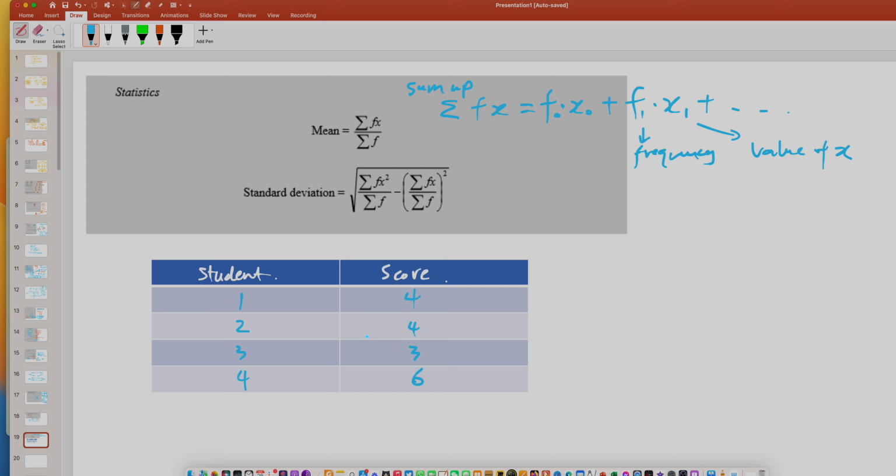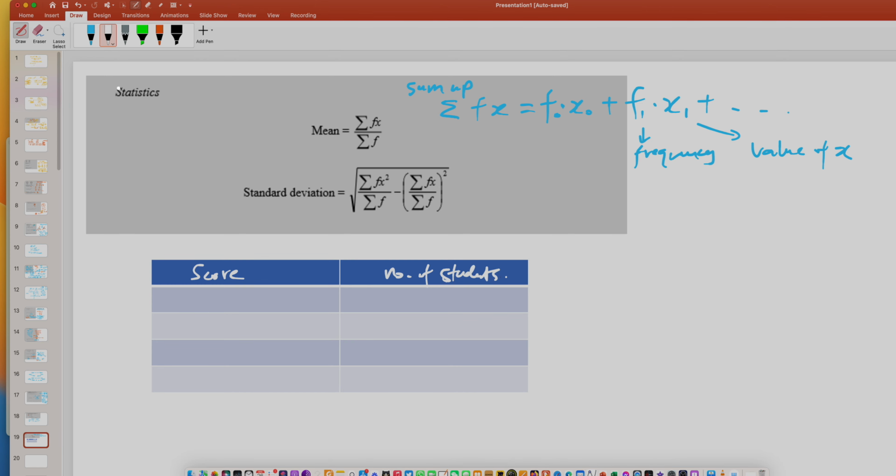Sorry, actually I should change this. I just realized it should be number of students. I should put it the other way around. This is score, this is number of students.